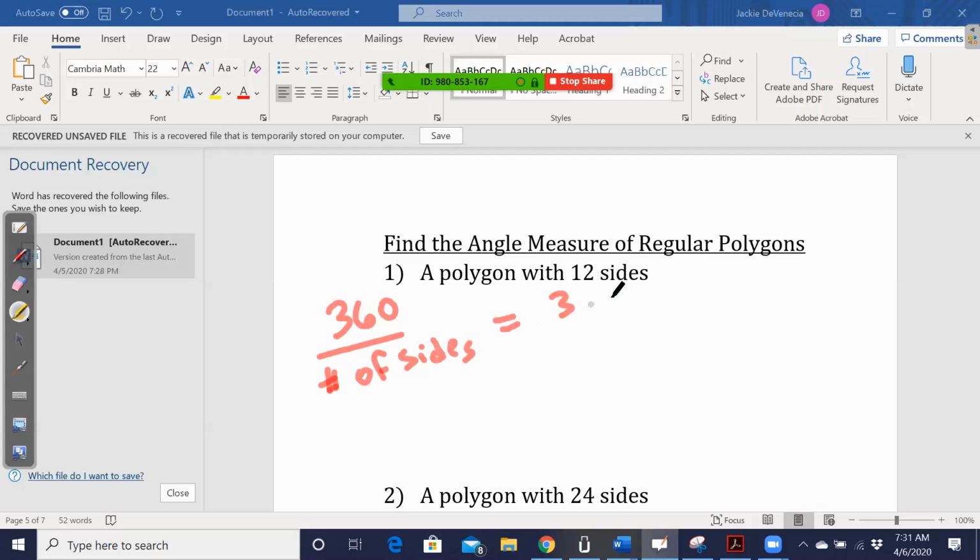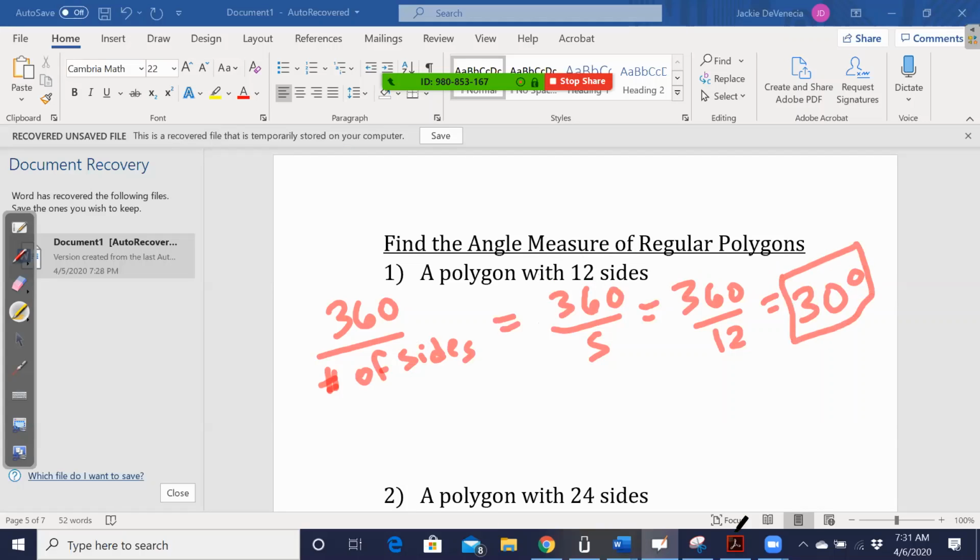Let me just call the number of sides the variable s. They gave me the number of sides, it's 12, so 360 divided by 12 would be 30. So the angle measure of the polygon here is 30 degrees. Okay, so that's one example.